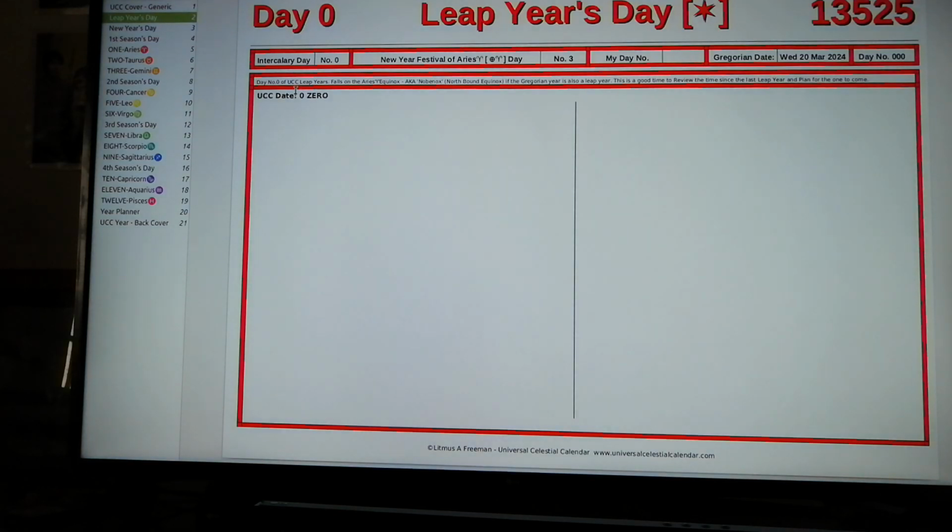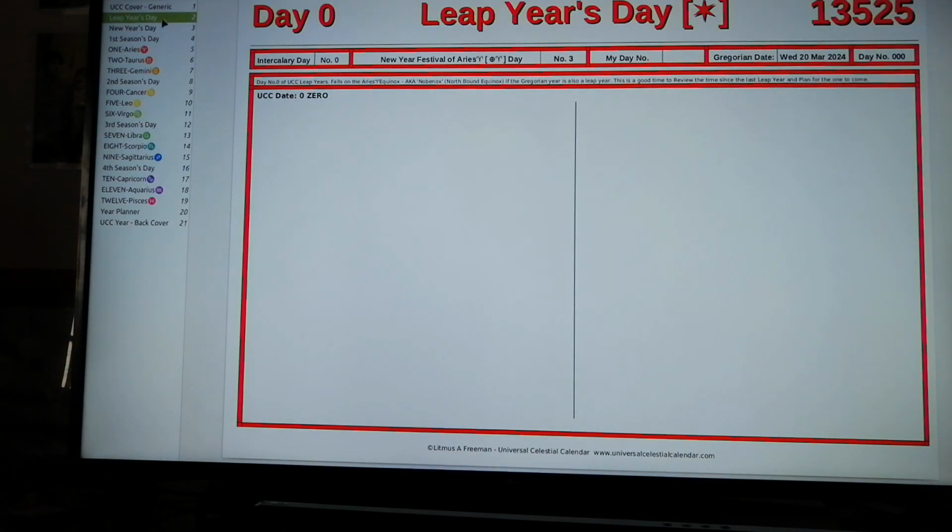So when we have a leap year, it's Leap Year's Day, it's day 0, and it's day 0 of month 0. So it's like 0 of 0, okay? And typically that will fall on, you can see here the Gregorian date, March the 20th. So when we have a leap year, typically it's on the day of the equinox.